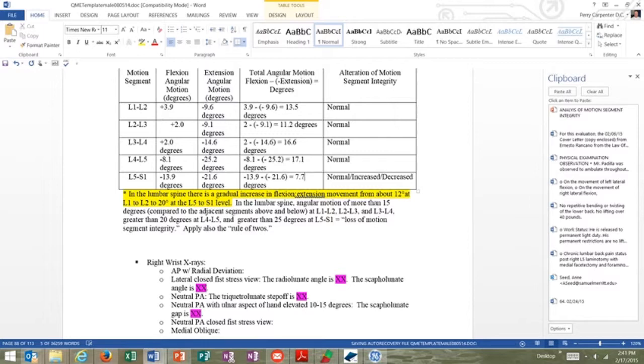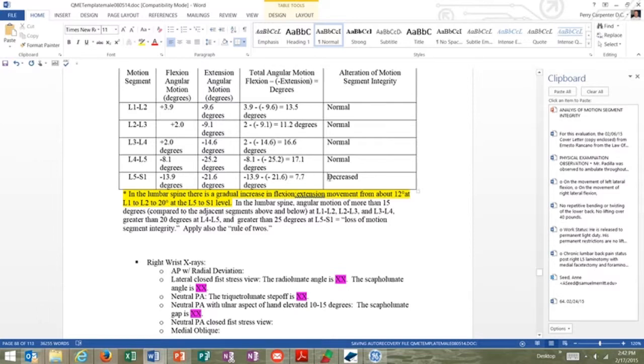7.7 degrees. Now that one we might conclude has some decrease in intersegmental motion, because according to the AMA guides, we should see about 20 degrees of angular motion at L5S1.